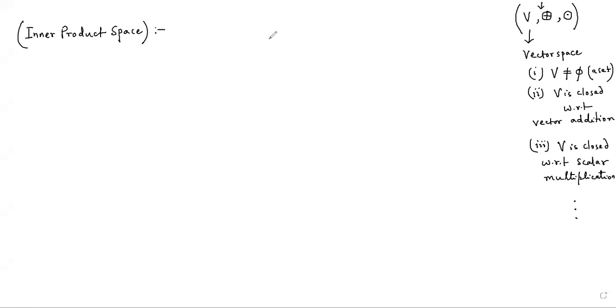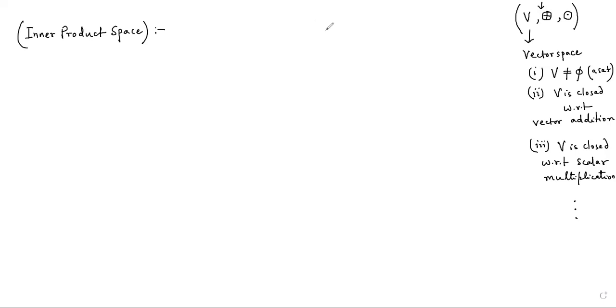And the remaining properties are where we actually connect a scalar with a vector. First of all, we start with the closedness of scalar multiplication, and then we say the multiplicative identity, which is an element of the field, when it is getting multiplied by a vector of the vector space, gives the same vector.